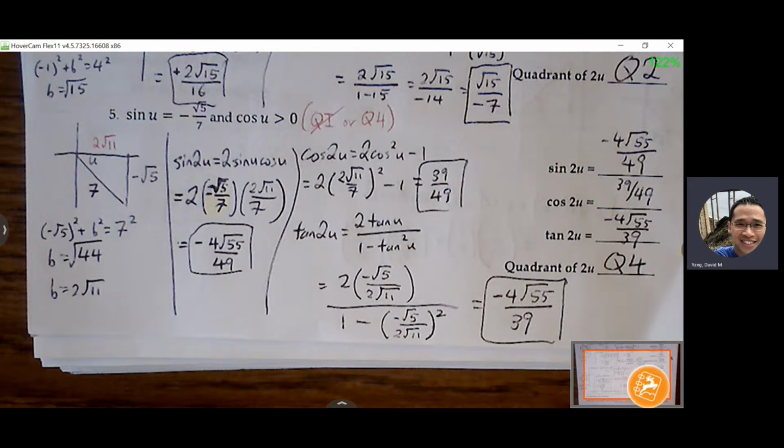Any questions at all about number 5 that you want me to go over in detail? I feel like once you can get that triangle drawn, you're just replacing all your trig ratios with fractions.